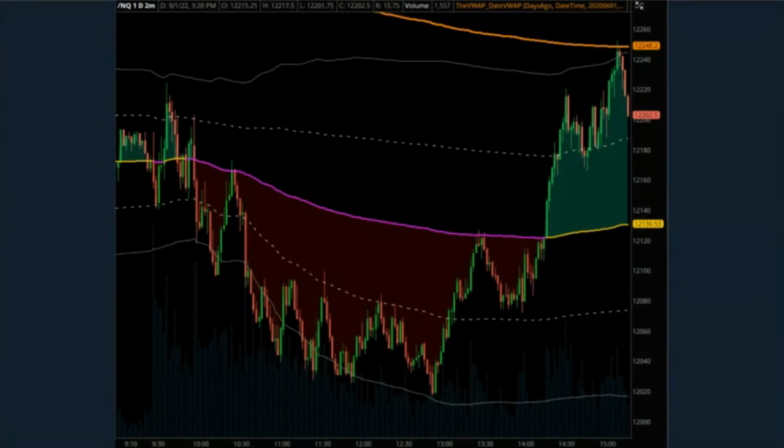Do we have a major macro event going on? FOMC, CPI, etc. If it's a single name, is this an earnings type play? Is it a gap day? What's the volume? There's so many check boxes that you need to go through first before I even consider taking any of the trade types. The trade type is just kind of, I think, triggers is a good word for it.